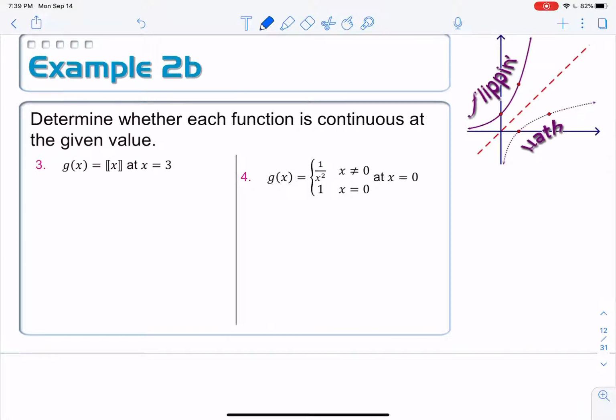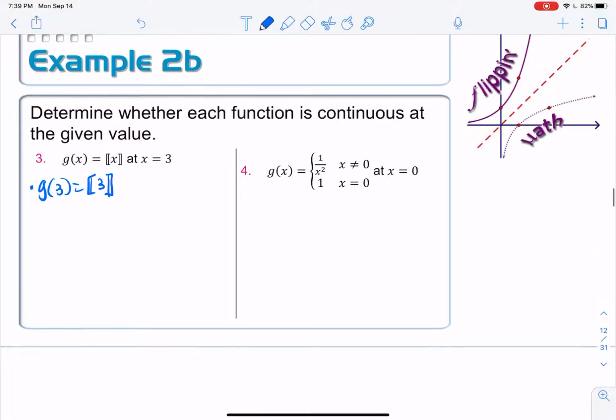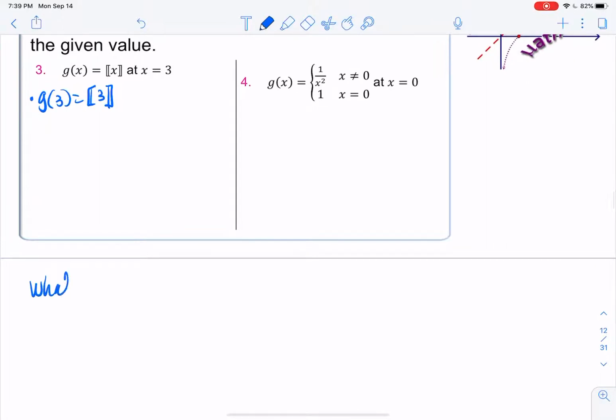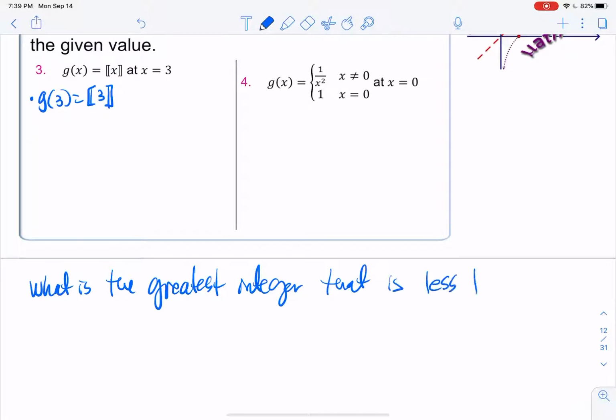All right, so the very first thing that I need to do is figure out whether or not g of 3 is defined. And so the way that I do greatest integer, I ask myself this. What is the greatest integer that is less than or equal to, in this case, 3?